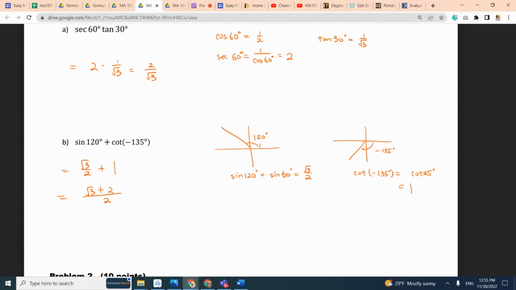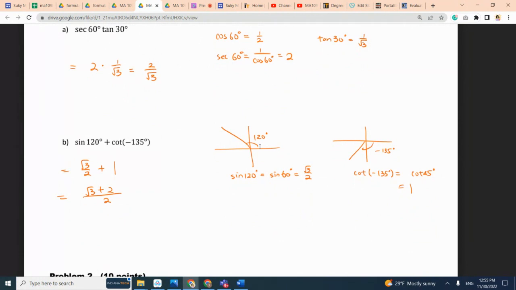So sine 120 is plus or minus sine 60, but because the sign in the second quadrant is positive, that's why we get positive sine 60 degrees. Everybody? And sine 60 degrees is root 3 over 2.